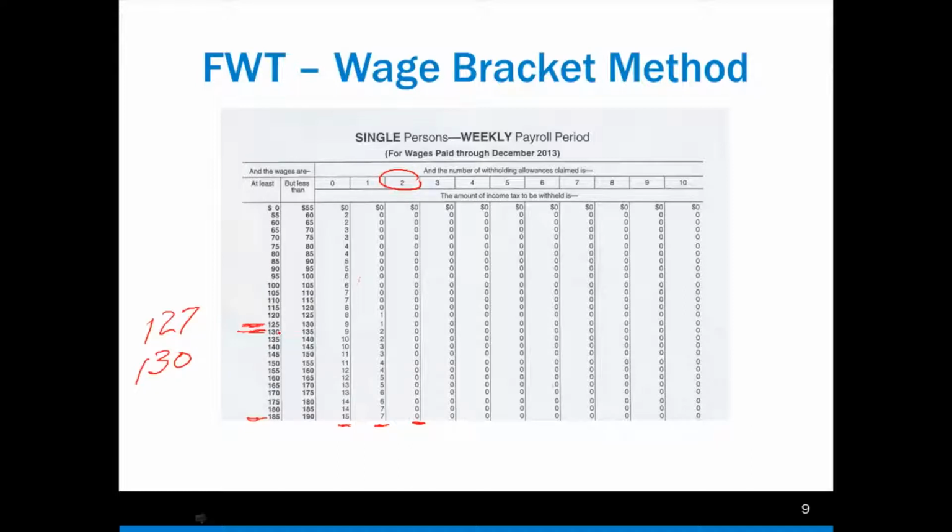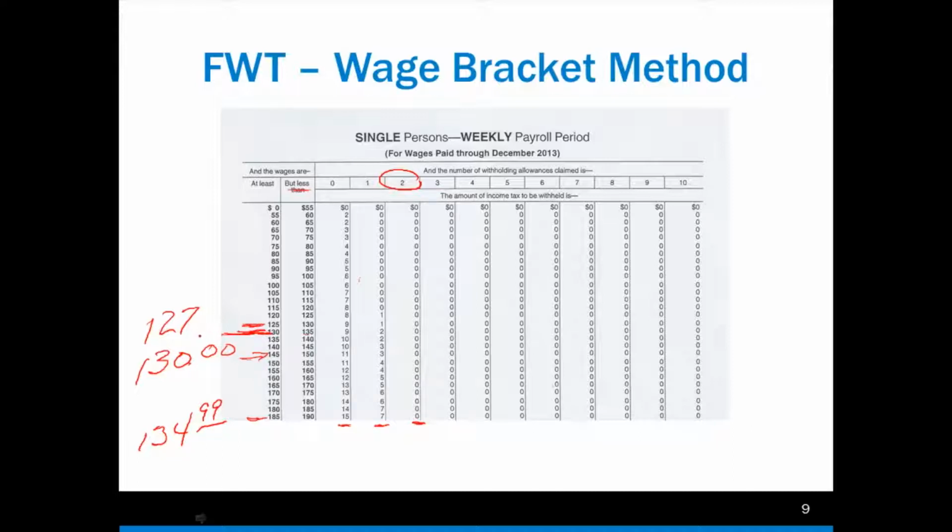It's not 129.99, it's 130 at least. So that's 0.00 here, 0 cents, and I would actually be on this line here, because it's but less than. Notice the words less than. So even though this says 135, it's less than 135, which means 134.99. However much you're getting paid, you have to look and say, it's at least this much, but it's less than this much, and you look at that particular row.